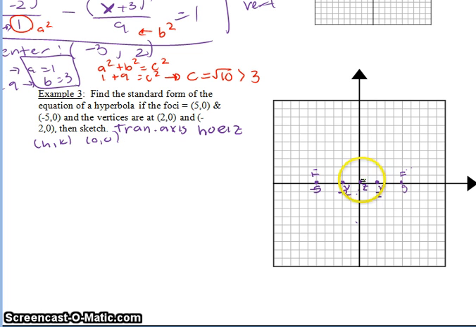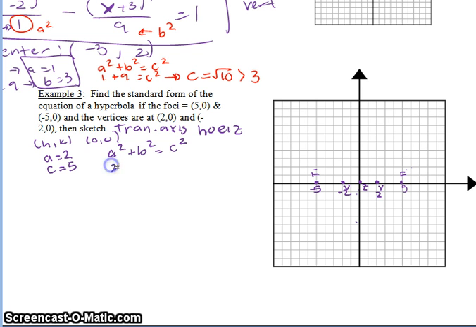And the distance from the center to the vertex is a, so my a must equal 2. And from the center to the foci is c, so c must equal 5. And I know that a squared plus b squared is c squared, so I can use this to find b, which will help us to draw our box so that we're able to sketch it.